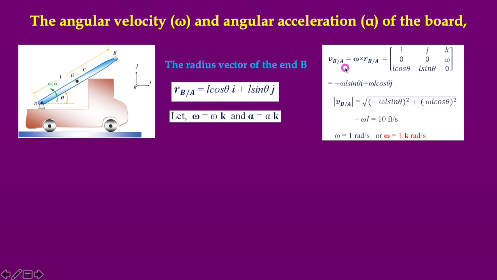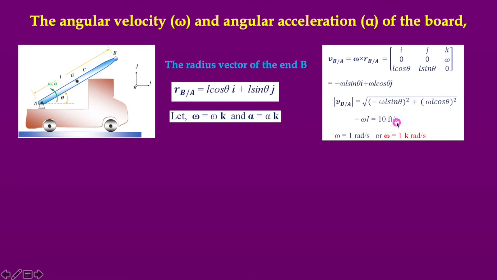Now the magnitude of this V_BA vector can be obtained by the square root of this square plus this square, and that equals 10 feet per second. That is given.